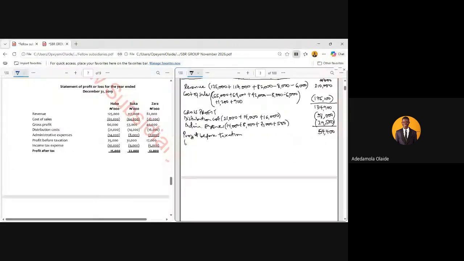Then income tax expense, 10,000 plus 9,000 plus 5,000. That's 24,000.